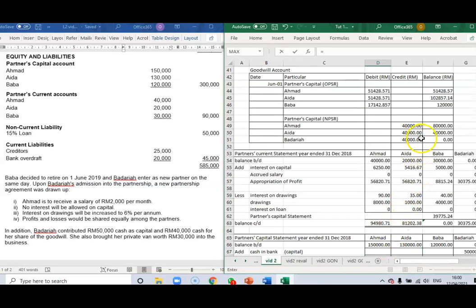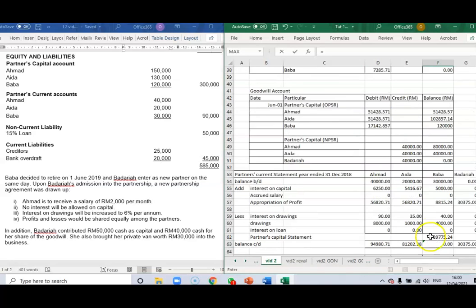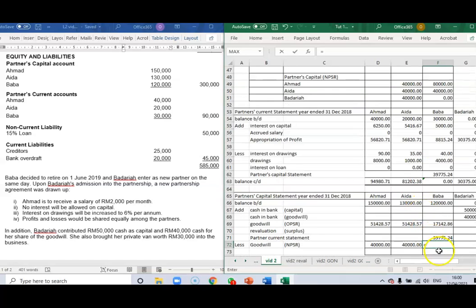Okay, it should be here. 40,000, not that one. Oops, Baba, no. The Goodwill for Baba will not be recorded because Baba is already retired with the new agreement.